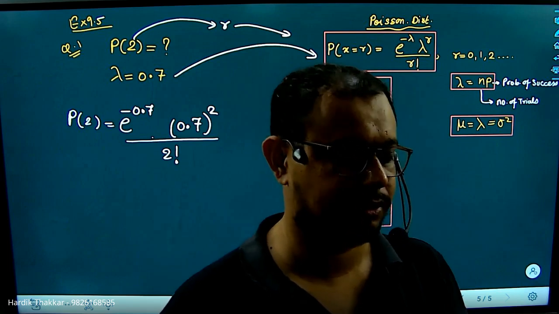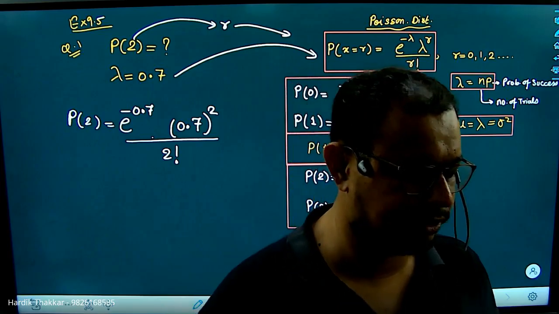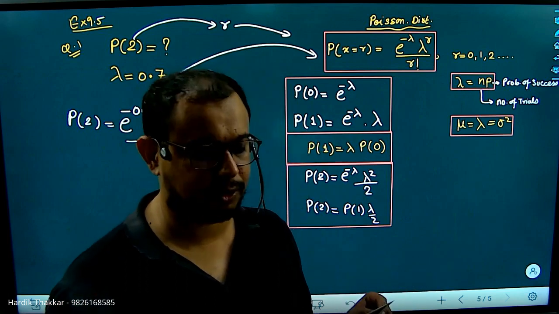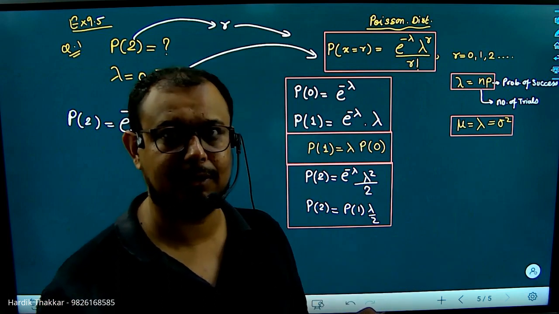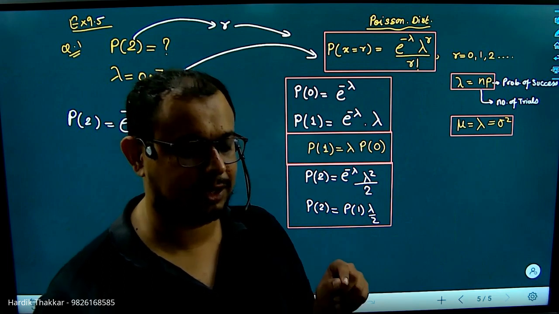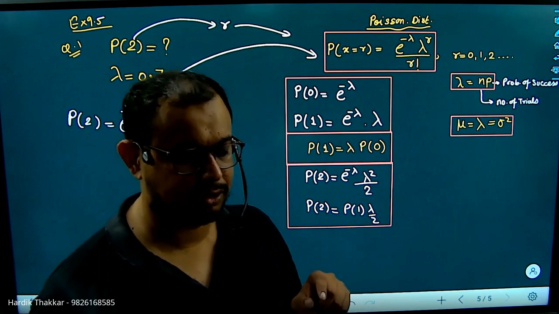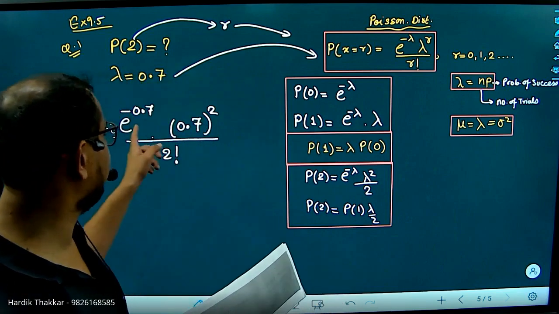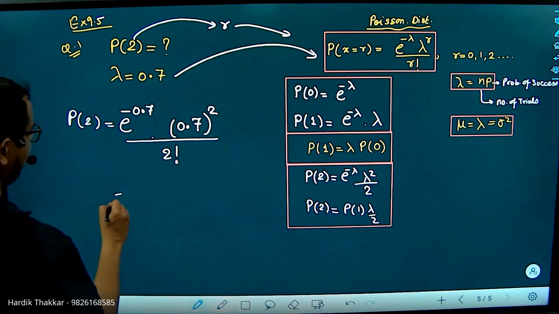The first column is for lambda, the second is for e raised to power lambda, and the third one is for e raised to power minus lambda. So check the first and third columns. Here the value of lambda is 0.7, so the corresponding e raised to power minus lambda is 0.497. Yes, correct.